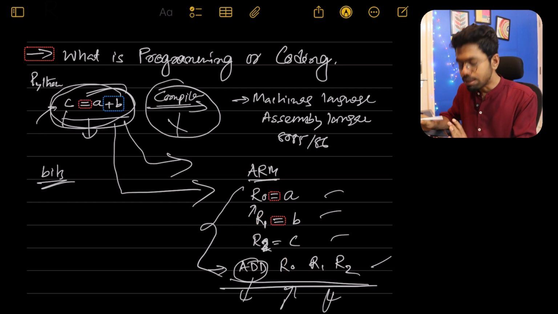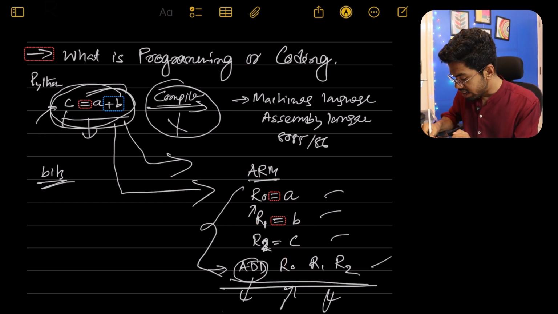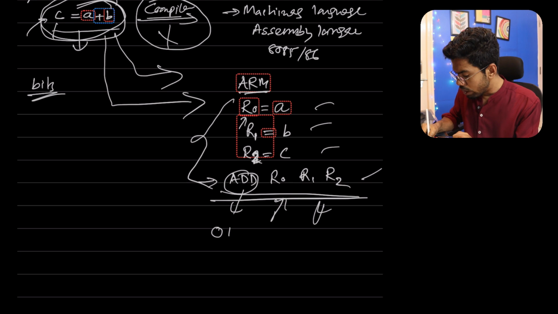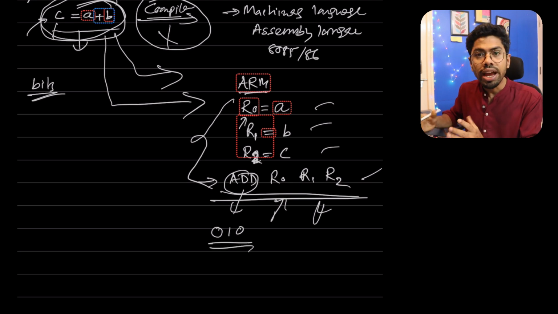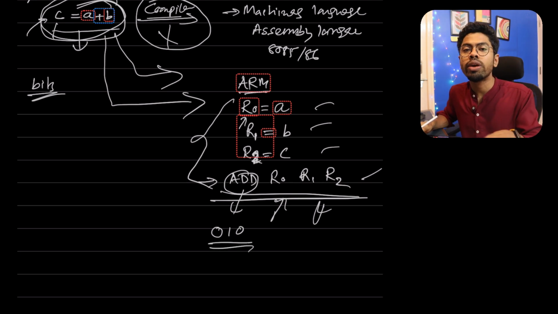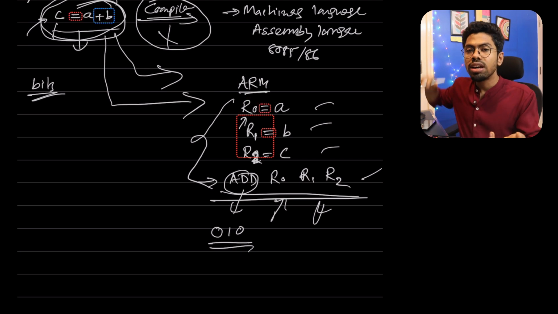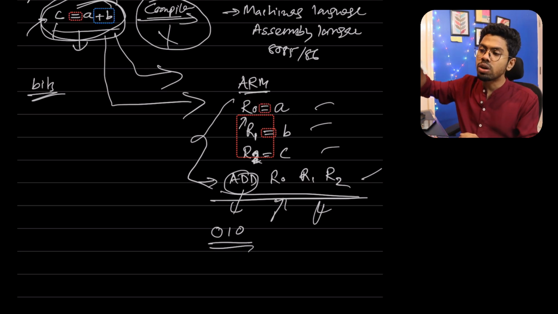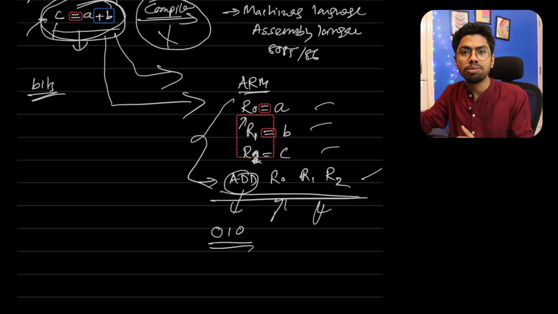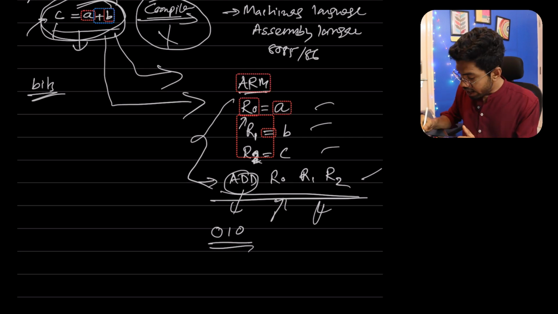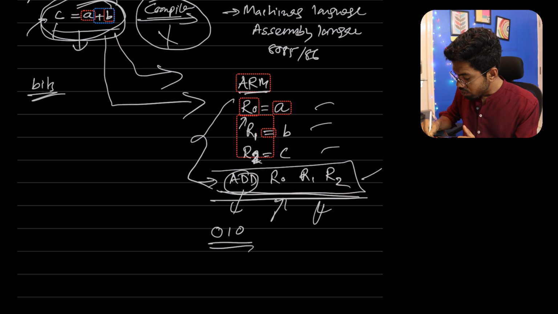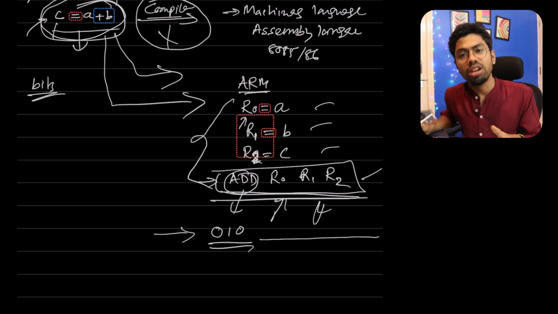So we will have some mechanism by which anytime you see add, you encode it to something like 101, and we will do a hardware implementation where if it gets 101, it will send it to the particular hardware piece which will do the a plus b addition. Finally, this line of code will be converted to a stream of bits.